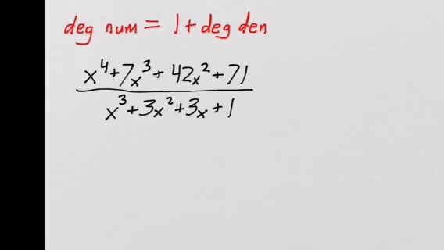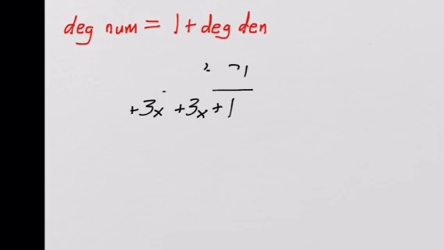That is going to have a slant asymptote, but if I were to change that 4 to a 5, that's not going to have a slant asymptote because the degree of the numerator is now 2 more than the degree of the denominator.